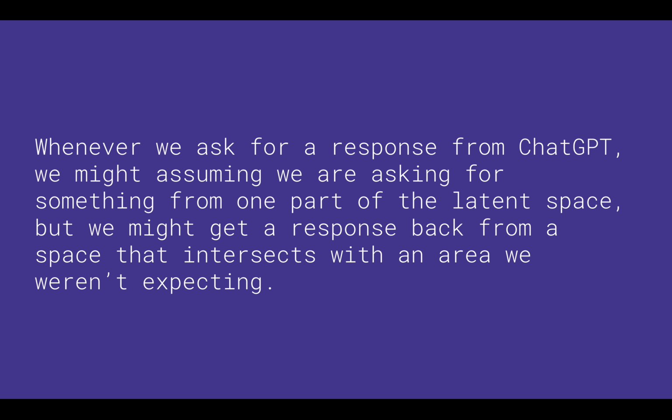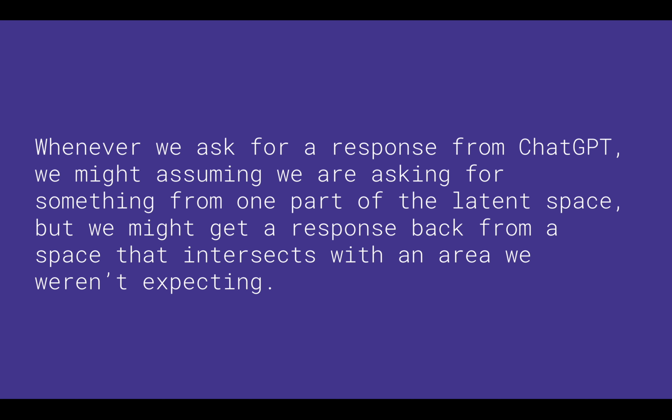So whenever we ask for a response from ChatGPT, we're assuming that we're asking for that particular section of the latent space. But because of these high dimensional spaces, we're also getting other data in there. And this is where it can lead to hallucinations. This is what can lead to inaccurate responses.